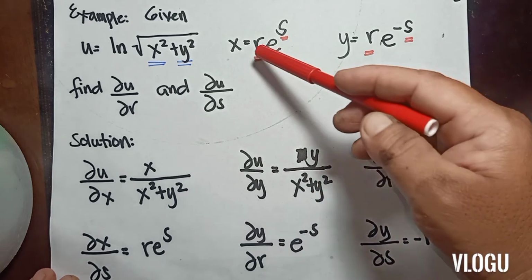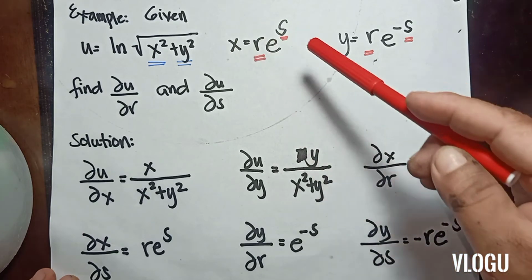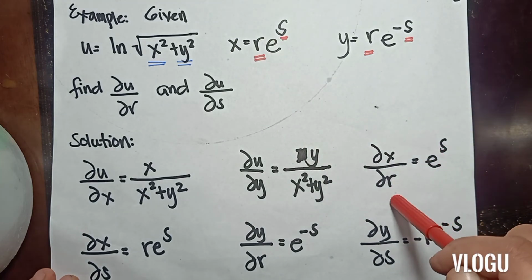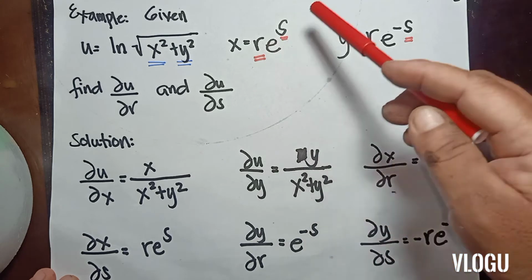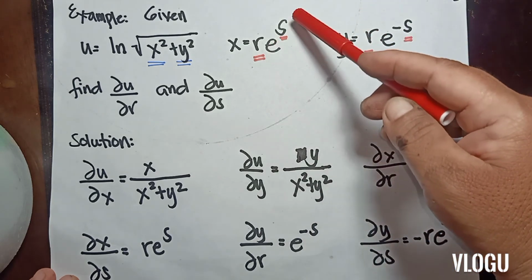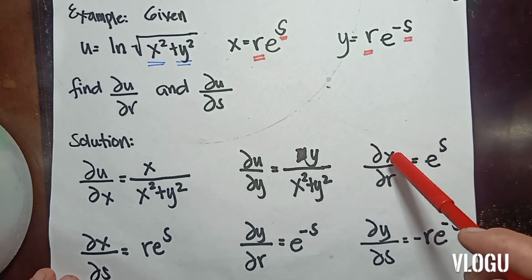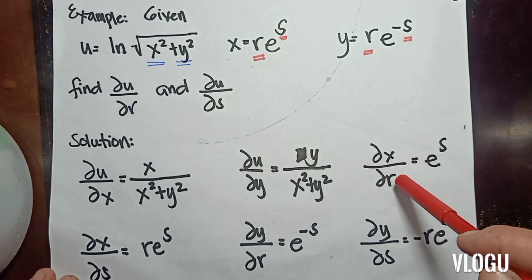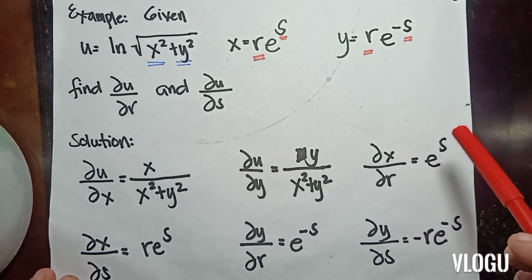Then you will have the partial derivative of x with respect to r. With respect to r, e^s is considered a constant, so the partial derivative of x with respect to r is e^s.